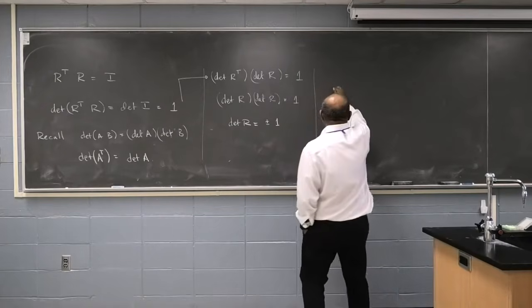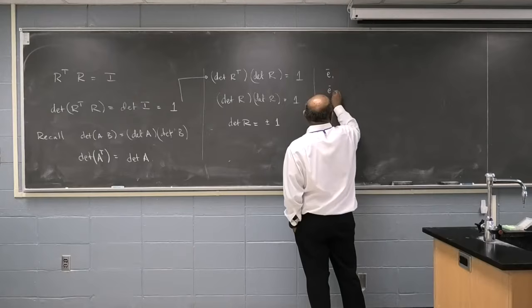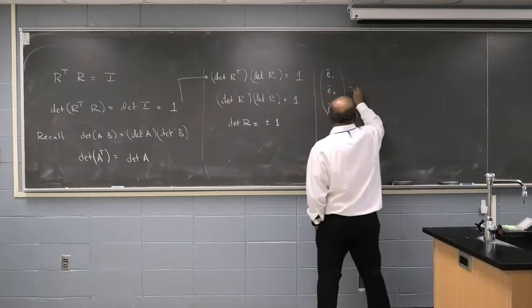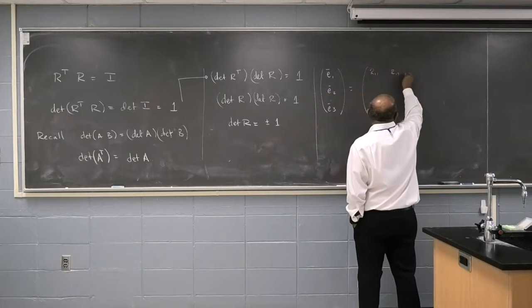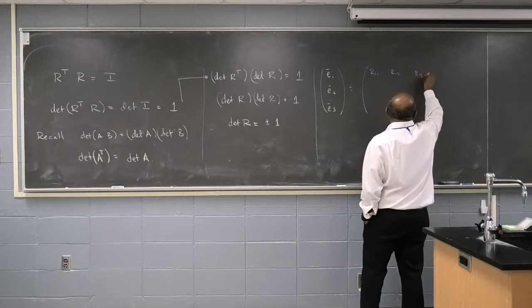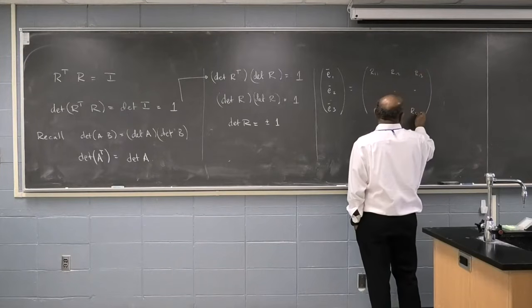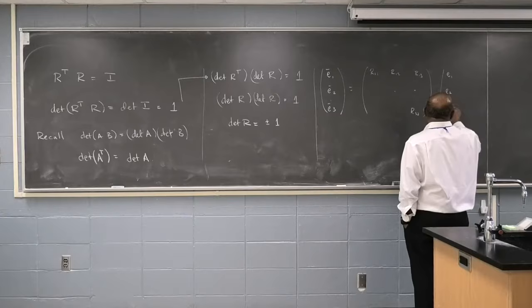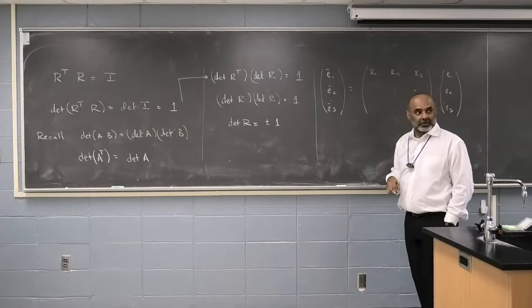So look at this. If I have E bar 1, E bar 2, E bar 3, and that's equal to R11, R12, R13, you fill it, R33, times E1, E2, and these guys are vectors.